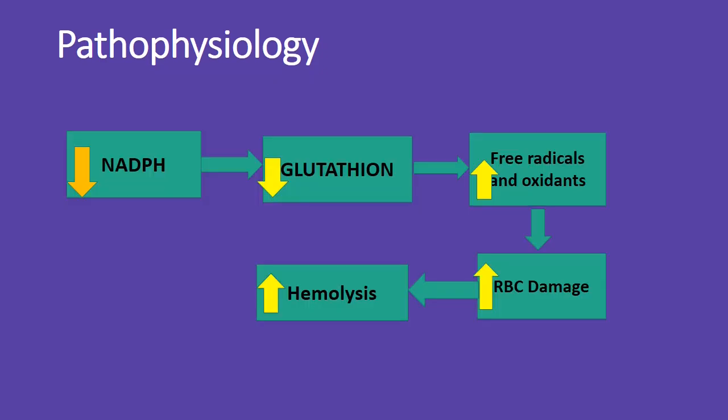In G6PD deficiency, the level of NADPH remains low. This low NADPH leads to reduced levels of glutathione, our crucial defender against free radicals. Without enough reduced glutathione, free radicals increase, causing damage to red blood cells.